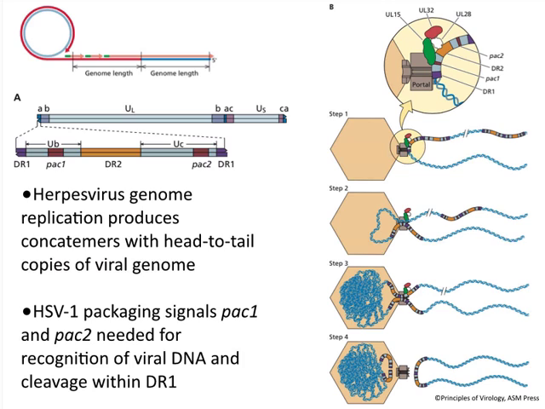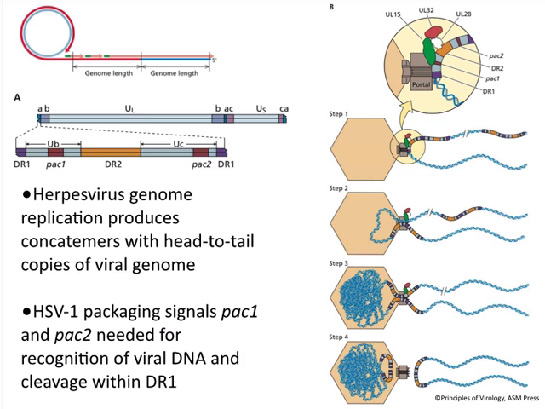This is an energy-dependent process. And when we get a head full of DNA, which is signified by the presence of another set of these packaging signals right here, then there's a nuclease associated with this portal assembly that cuts the genome, and now we have a packaged genome.